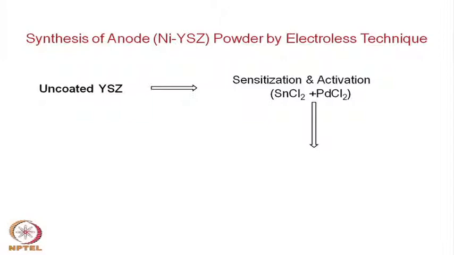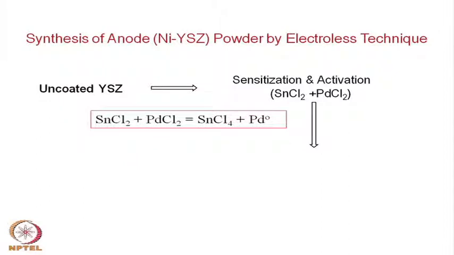With this idea, this kind of electroless nickel coating has been used. It is a technique by which a metal can be deposited on a non-metal without any electrical EMF. That is the reason it is called the electroless technique, and it is a very simple technique.